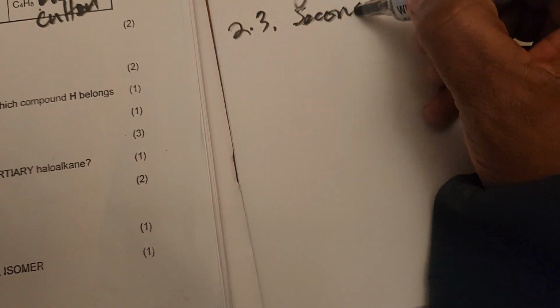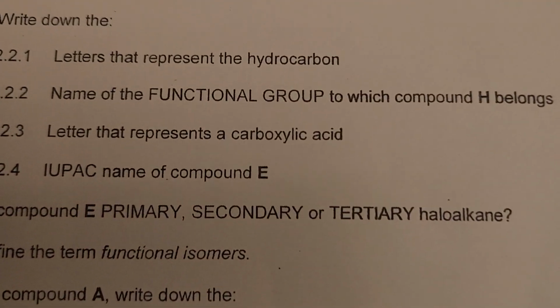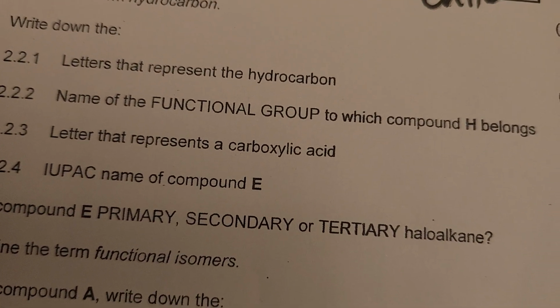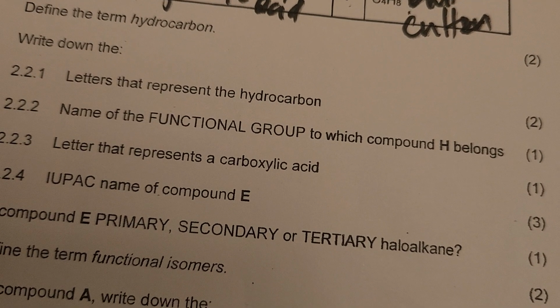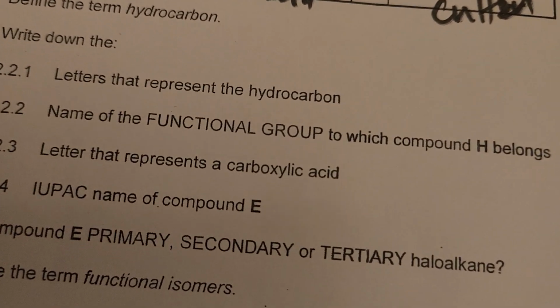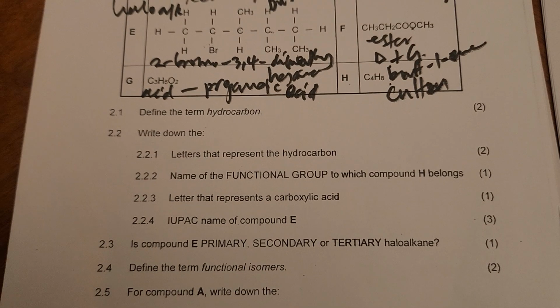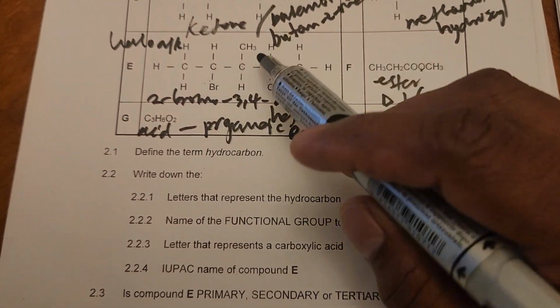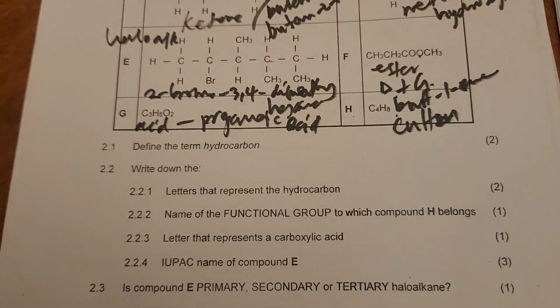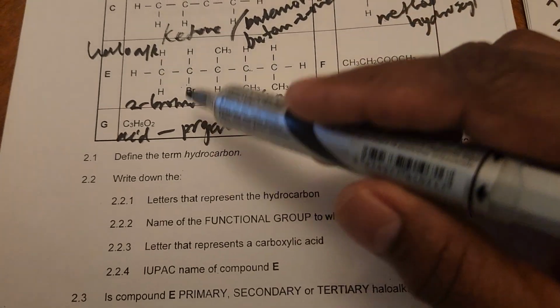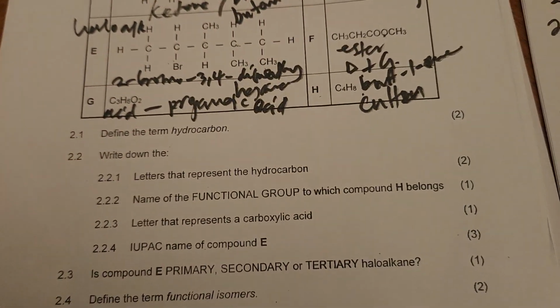Secondary. They're not saying give reason, it's fine. But if they said give reason, then we'll say the bromine is bonded to the carbon, which is bonded to two other carbons. Or the functional group is bonded to a carbon which is bonded to two other carbons.